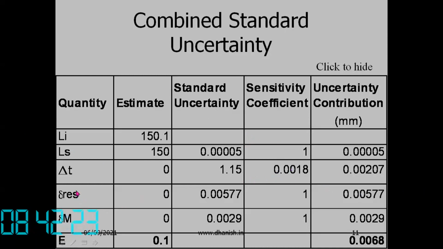Then quantity delta res. Uncertainty estimate is 0. Standard uncertainty is 0.00577. The delta m uncertainty is 0.0029. Then the error estimate is Li minus Ls, 0.1. And then these contributions we have calculated. We have to take the root sum of squares of all these contributions to get the combined standard uncertainty. Okay.